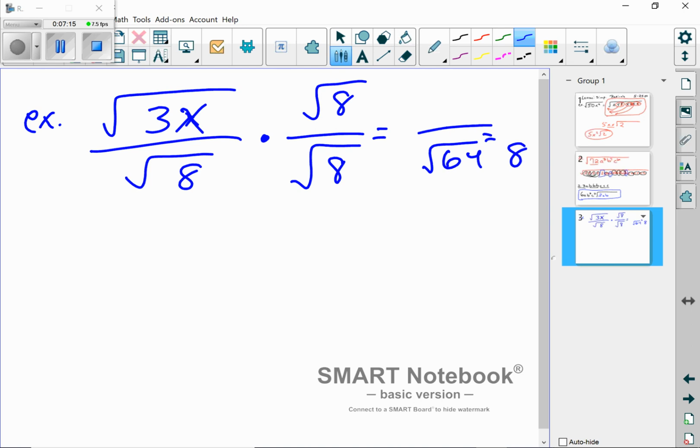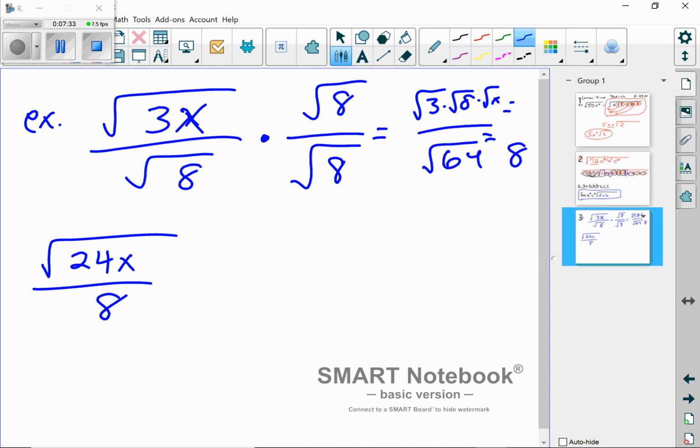And on the top, it turns into the square root of 3 times the square root of 8 times the square root of x, which equals the square root of 24x over 8, right?